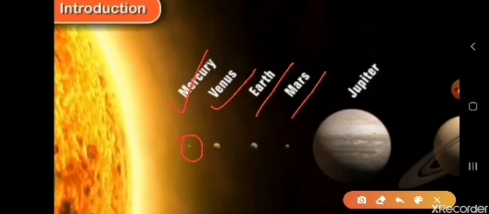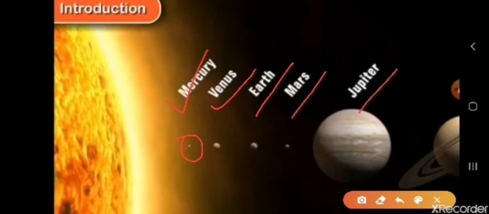Now, children, next is Jupiter. As we know, Jupiter is the fifth planet of the solar system, and it occupies the fifth position in the solar system. Children, Jupiter is the largest planet of the solar system.